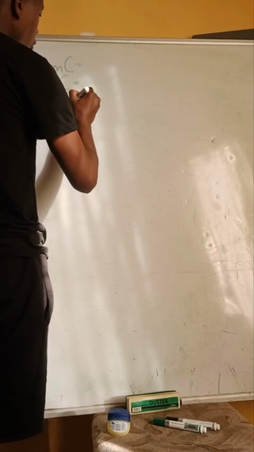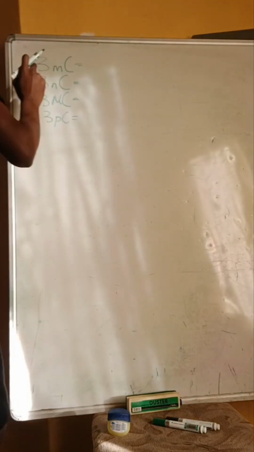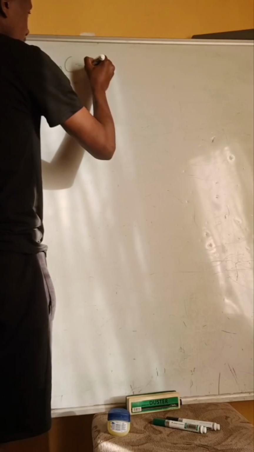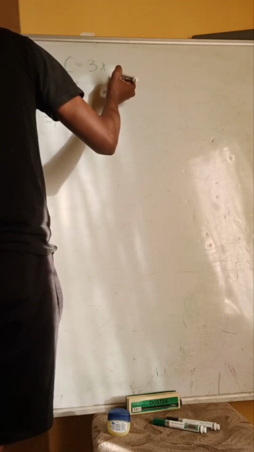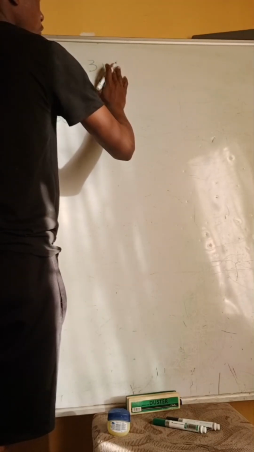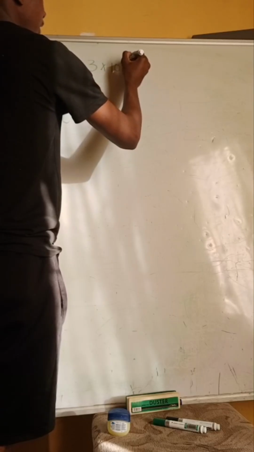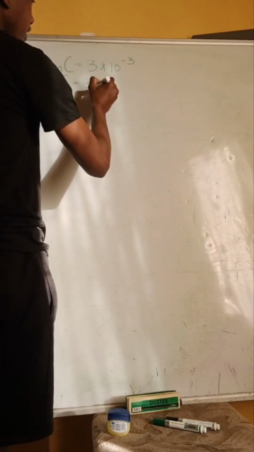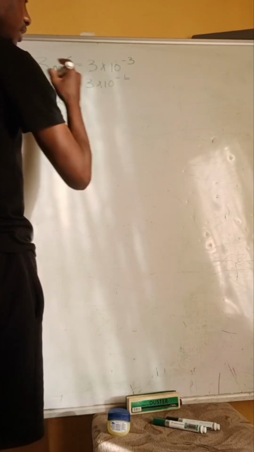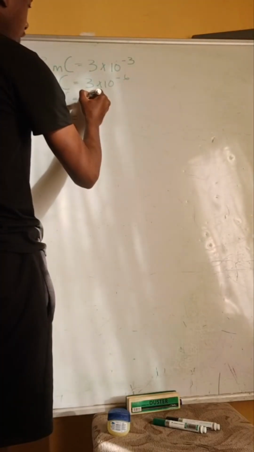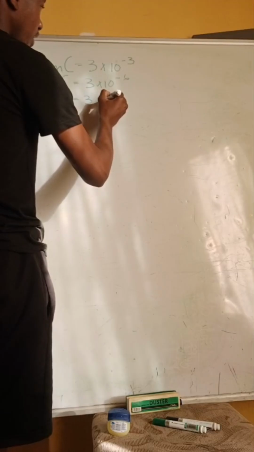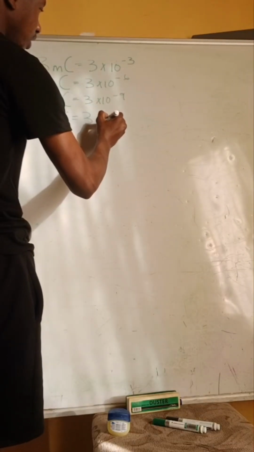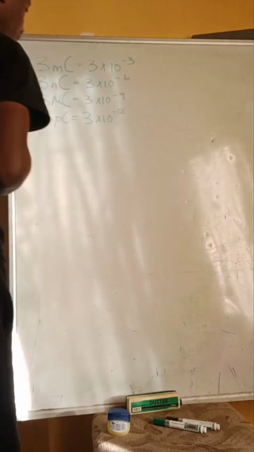Now, how do you convert this? For this one, you're going to multiply 3 by how much? By 10 exponent minus 3. This one is going to be 3 exponent minus 6. This one is equals to 3 exponent minus 9. This one 3 exponent minus 12.